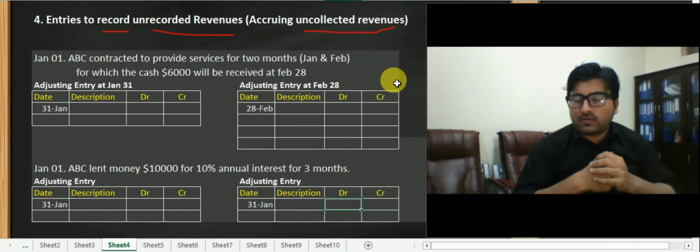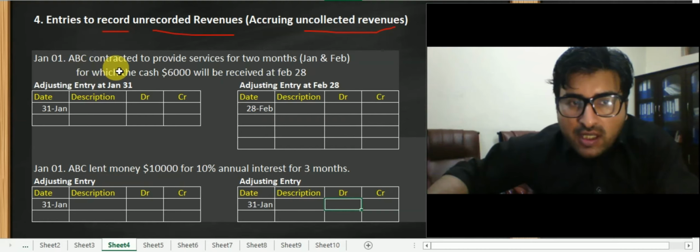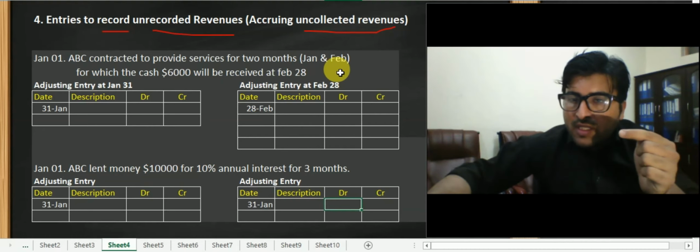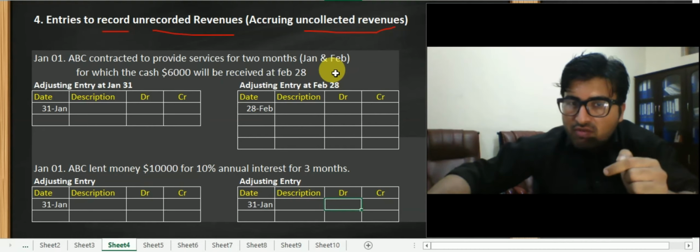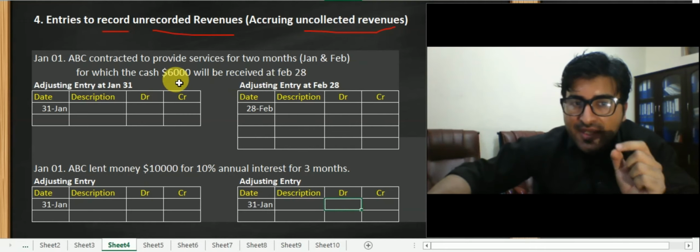Okay, now for example, in this question we have ABC company contracted to provide services for 2 months, January and February. ABC company did a contract to provide services for how much? For January and February, $6,000.